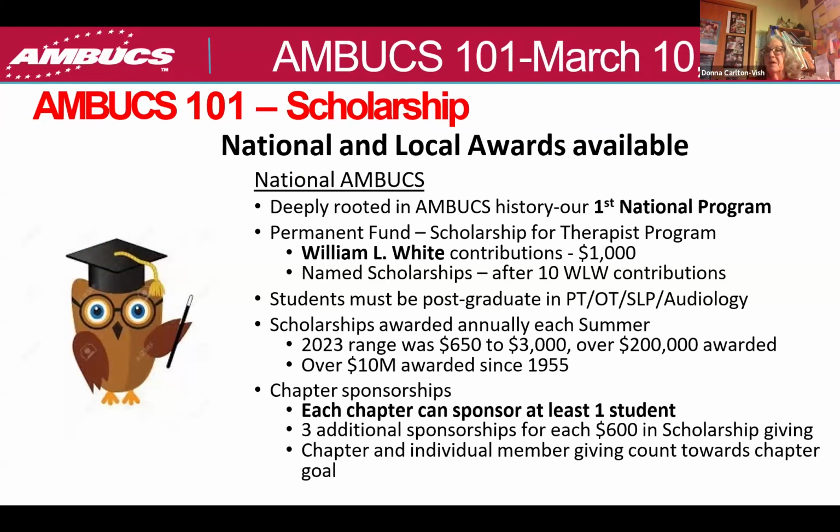Scholarship. That is another big section of what we do in AMBUCS. In fact, it was the very first national program, so it's very well funded. We use a William L. White as the $1,000 contribution for that. After 10 William L. Whites, you can have a named scholarship. It'll be put in your name or whatever name you want to call it. You get that honor. The students tend to get between $650 and $3,000 a year.